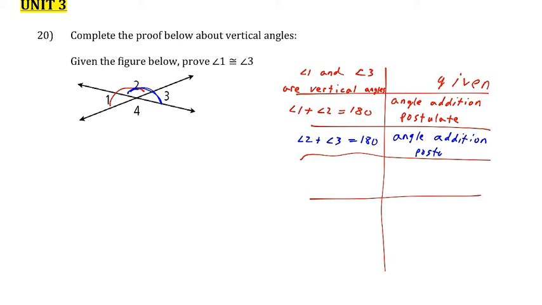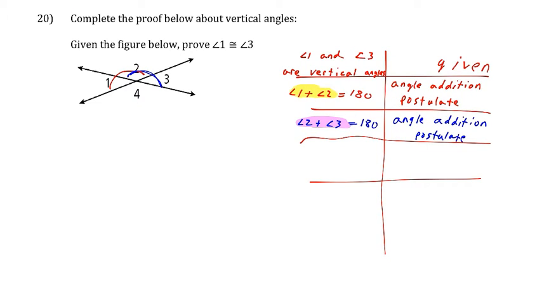Alright, now we got an interesting thing happening here. We have this equal to 180, and we have this equal to 180. Now, if those two things are equal to the same thing, then they should be equal to each other, right? If they're both equal to 180, then they should be equal to each other. They equal the same thing.